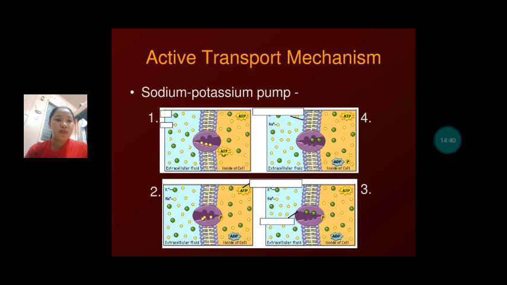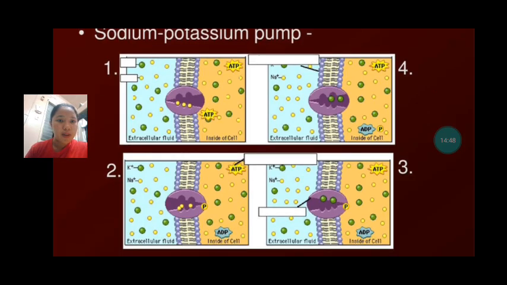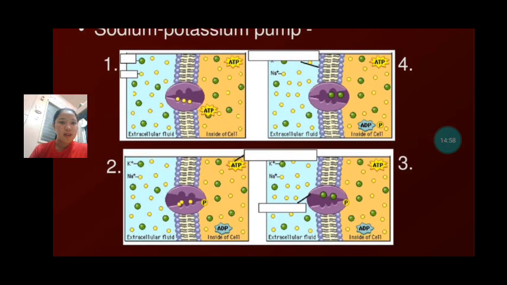This is the sodium potassium pump. Look at the illustration. First is the ATP. It needs ATP, and this is the extracellular fluid. And then the ATP gets a phosphate attached, as you notice in the second and third steps, and it becomes ADP. In the second step the phosphate goes to the lower part.